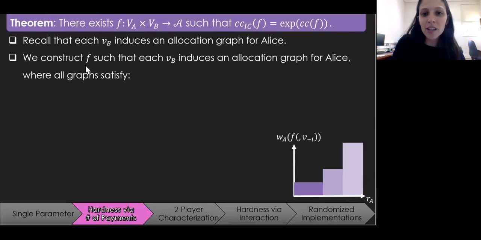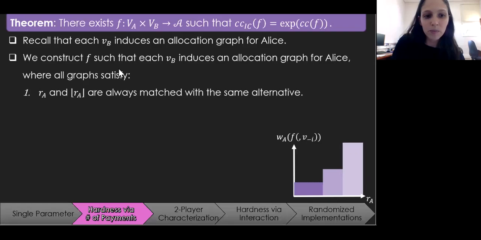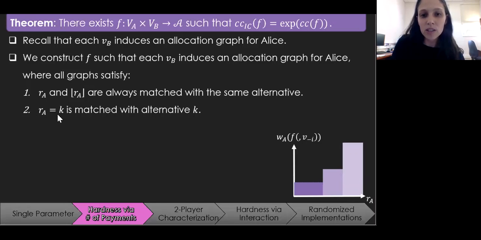We construct the function f such that each value of Bob induces an allocation graph for Alice, where all the graphs satisfy 2 properties. First, the allocation graph outputs the same values for each scalar and its rounding down to the nearest integer. For example, f outputs the same alternative for 5 or 5.5 or 6 minus epsilon, and so on. And the second is that whenever Alice holds the scalar k, she gets alternative k.